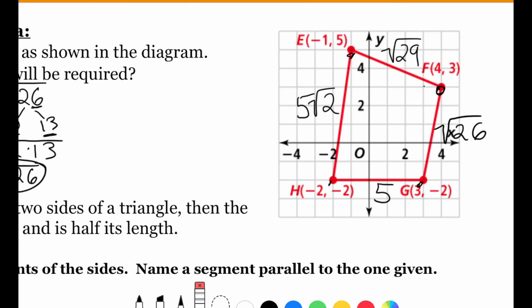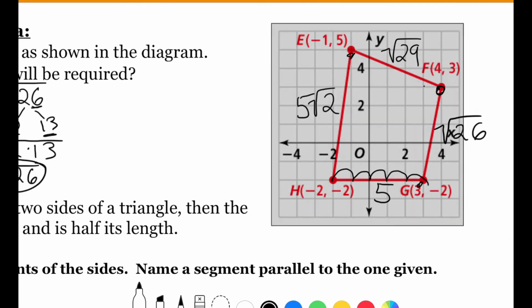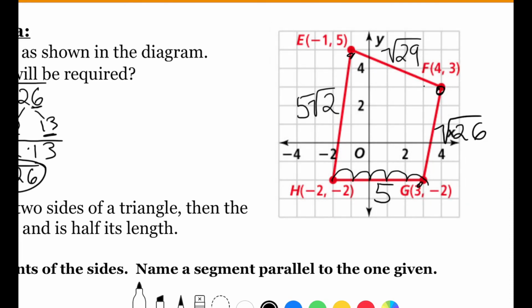Now, H to G, you could have just counted how many blocks it took to go to the next point. All of the other lines are not straight, or not laying against the graph paper like H to G. So you cannot count the other ones.